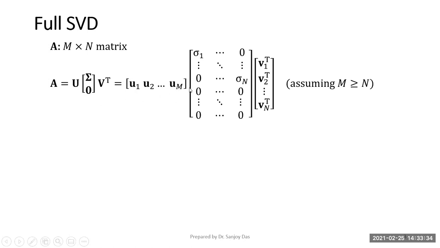So you have this matrix with M columns. And what's the dimensionality of each column of U? It's also M, right? Because A is an M by N matrix. So this has to have M rows.